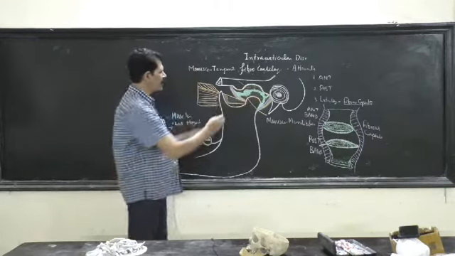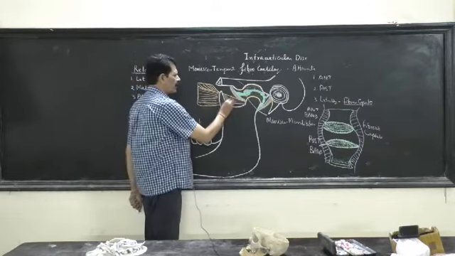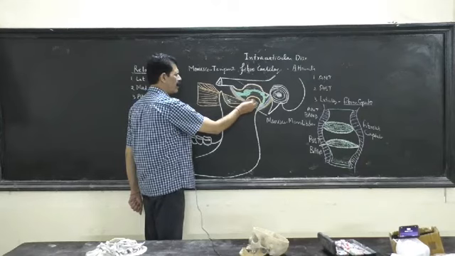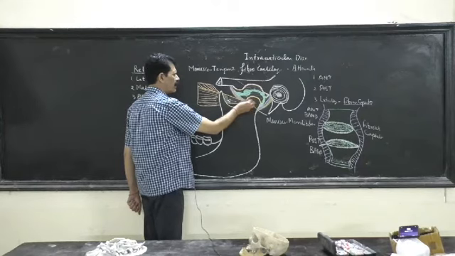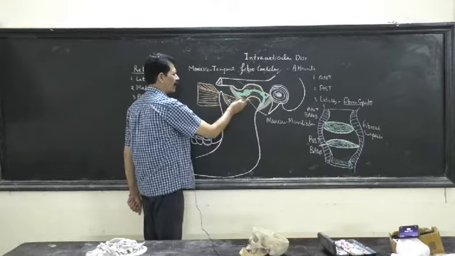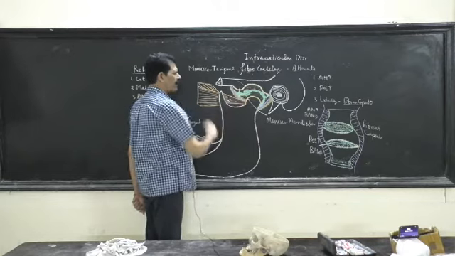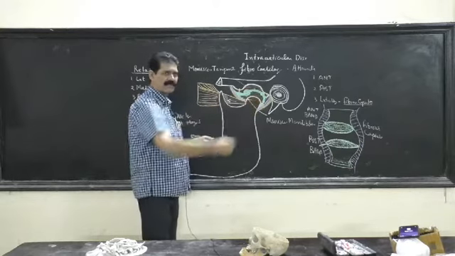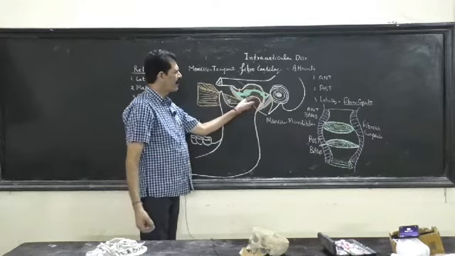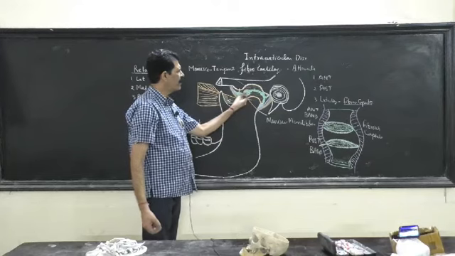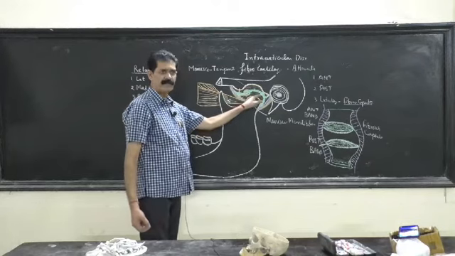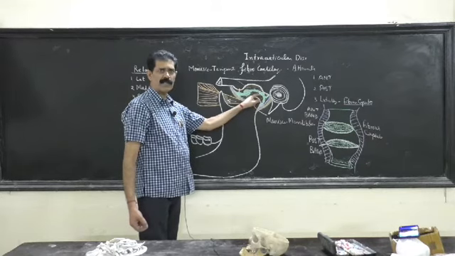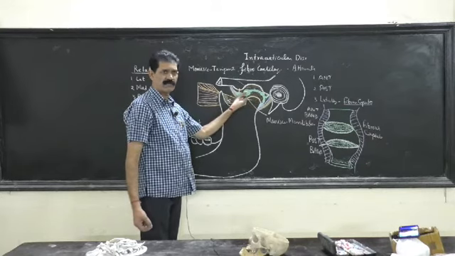But whenever the lateral pterygoid moves in the anterior part, then this head of the mandible also moves forward and comes under the articular tubercle. Then this intra-articular disc stretches and the head is held between the anterior and the posterior band. So the head of the mandible along with the intra-articular disc moves in the forward direction.